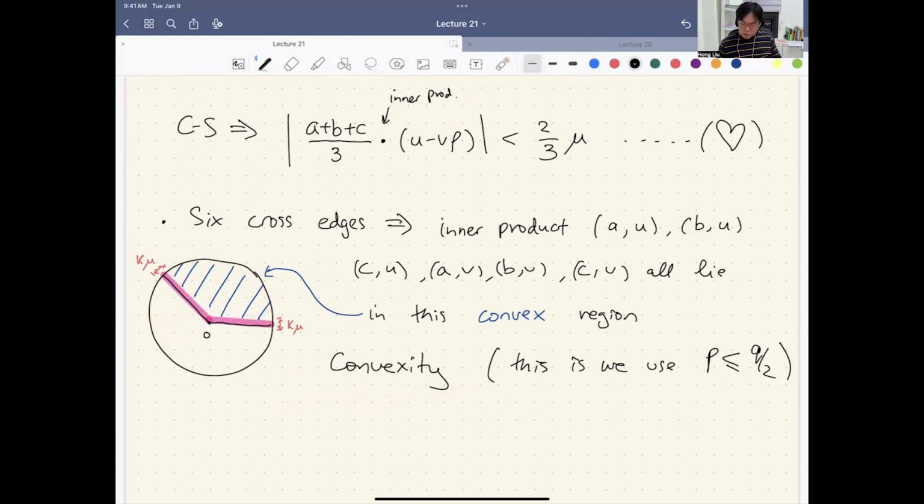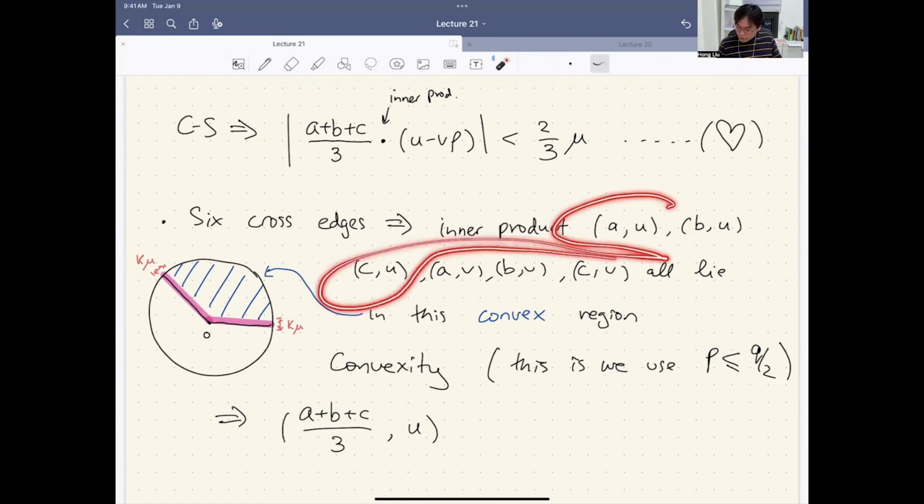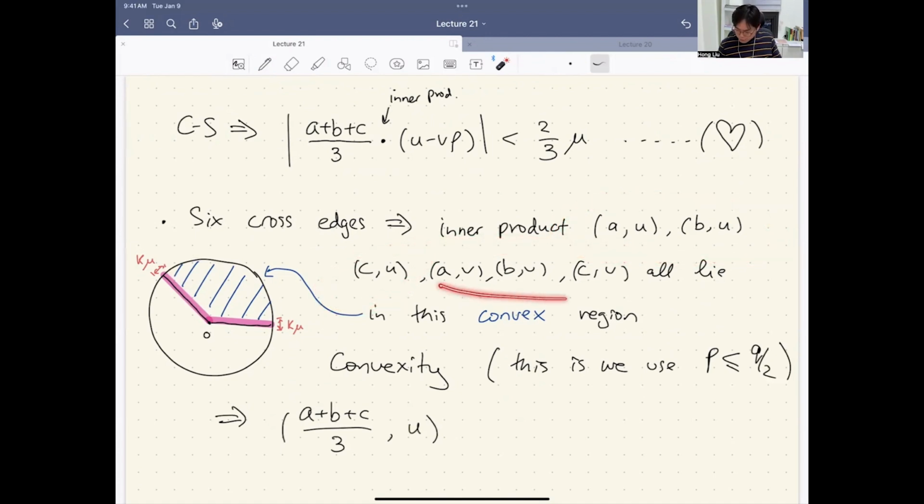Okay, so convexity implies, first of all, A plus B plus C. This is nothing but the convex combination of these 3 points, right? So this is another convex combination of these 3 points, they all lie in this blue region.